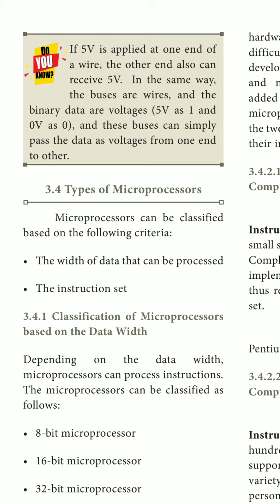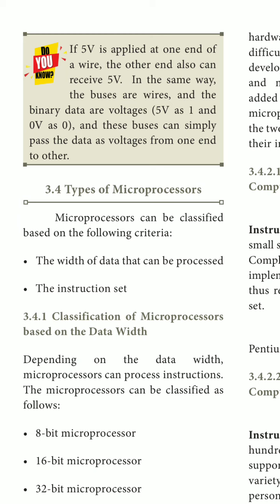So 5 volt as 1 and 0 volt as 0, and these buses can simply pass the data as voltage from one end to another end. Not only in CPUs, in motherboards also you can see so many buses running under the motherboard. So these motherboards can pass data by using this voltage only.